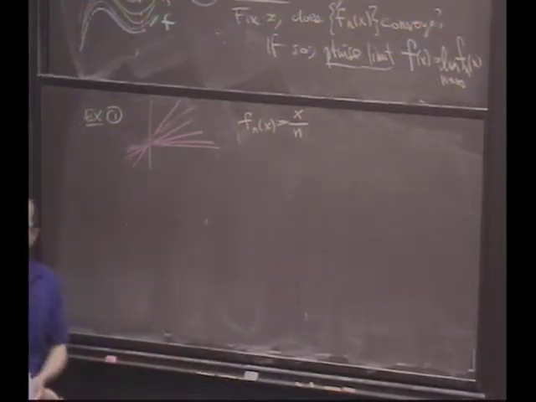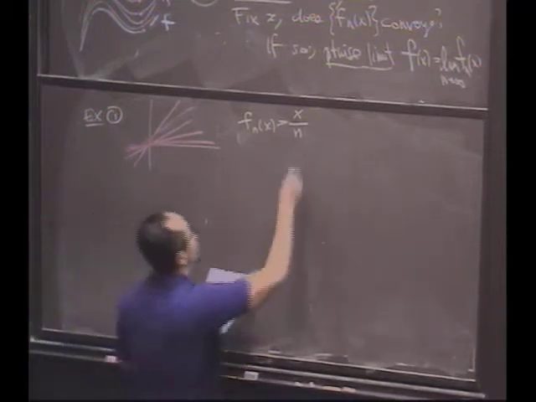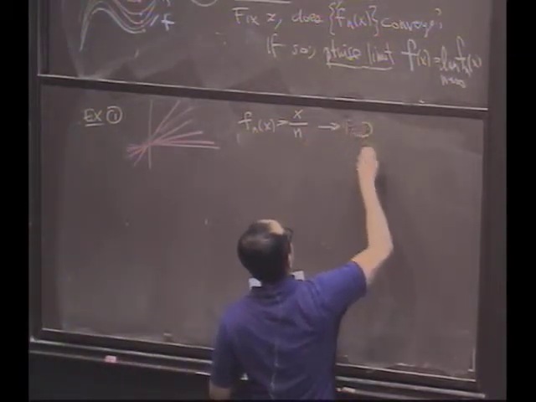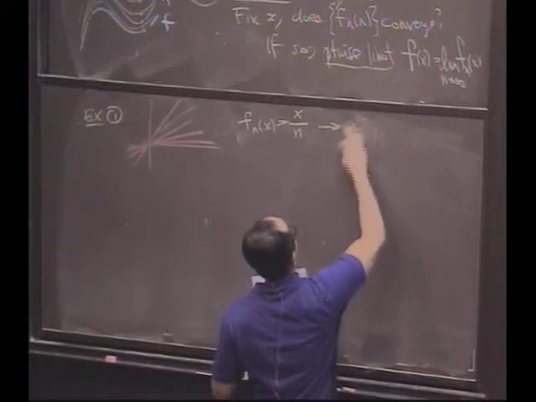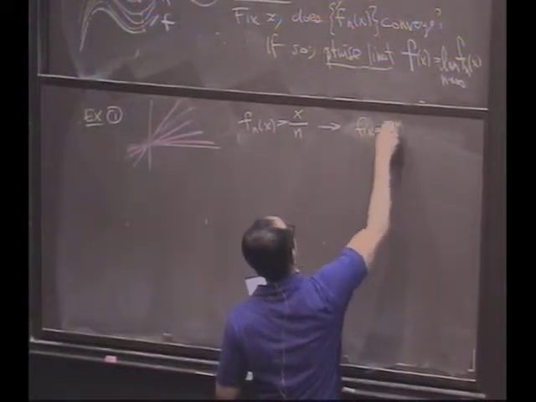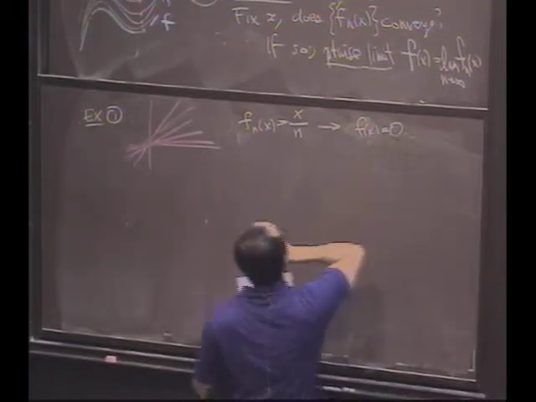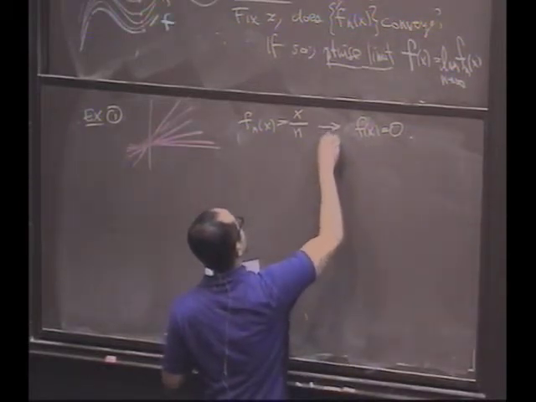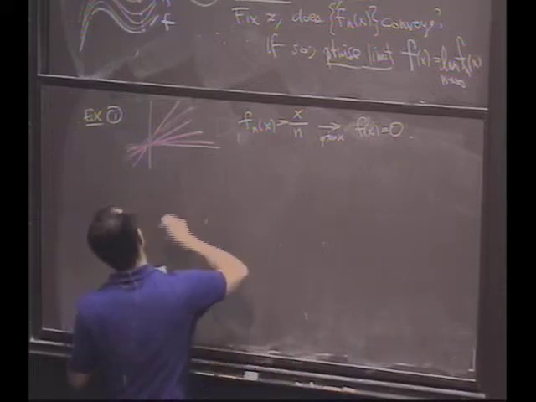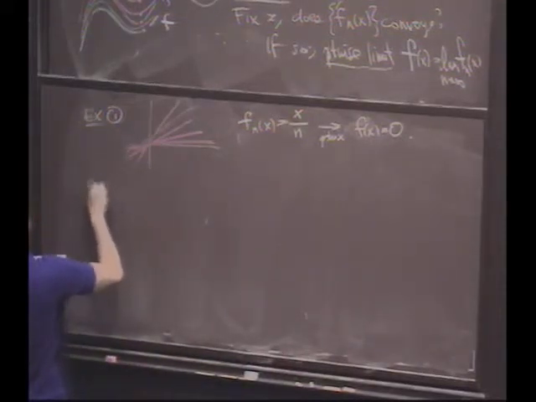Does this converge pointwise? To what? To the 0 function. I'll write this as f of x equals 0. Okay, very good. We'll come back to that example.